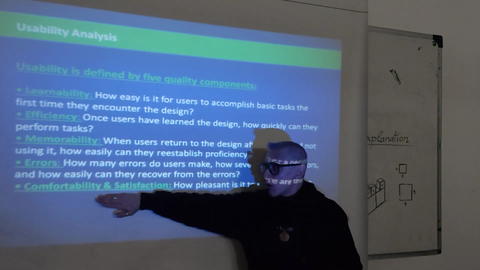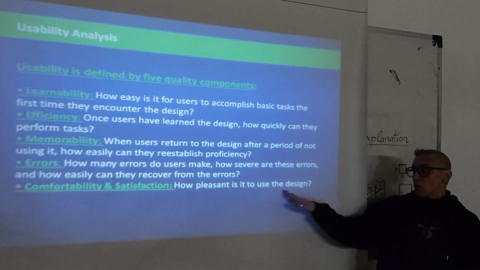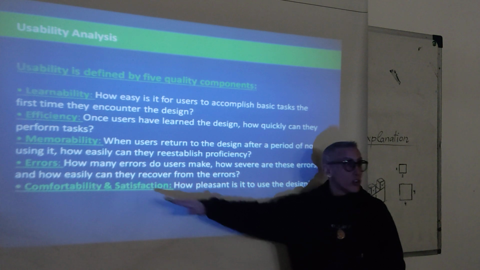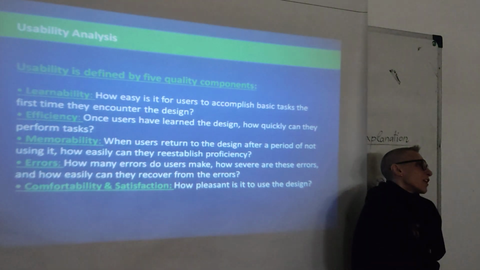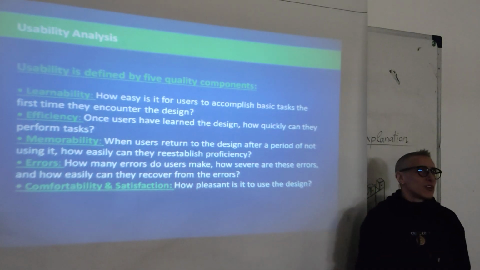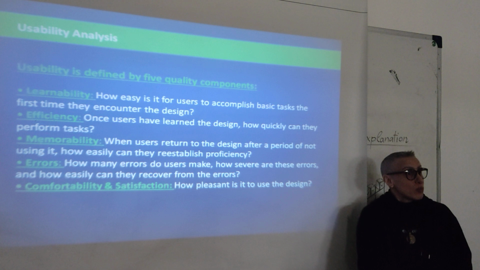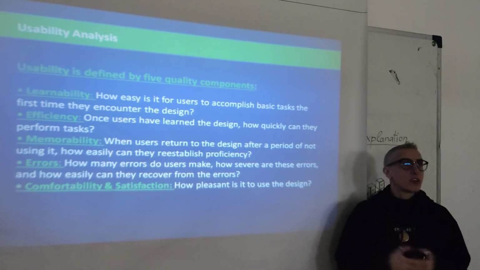Then, comfortability and satisfaction. How pleasant it is to use the design. This also is part of ergonomics, very important. It's not only about mistakes made, for example, safety problems and all of these things. It's also about comfortability. Are you happy to use this design or are you not? Are you satisfied with it or not?